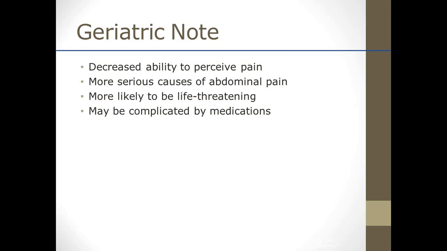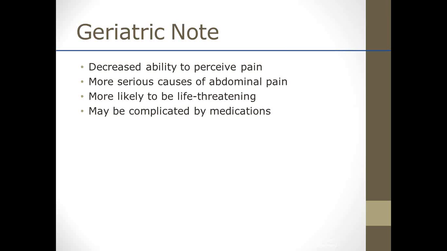Other things that can happen, medications, specifically your Pepcid, Pepcid AC, Prevacid, Prilosec, those things that are taken to control gastric functions, so to control heartburn and things like that, run a higher risk of GI bleeds when people are taking that.